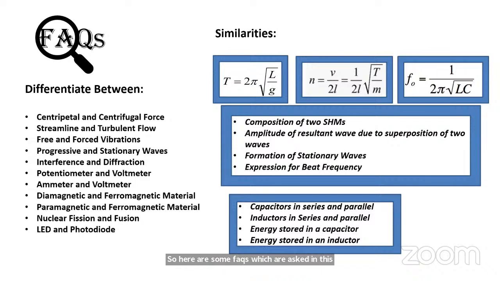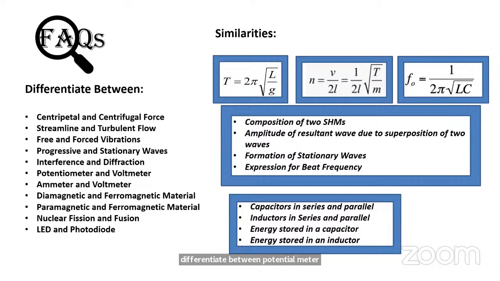Differentiate between centripetal and centrifugal force, streamline and turbulent flow, free and forced vibrations, progressive and stationary waves, interference and diffraction, potentiometer and voltmeter. Now here, let me tell you that even though I have included it under differentiate between potentiometer and voltmeter, it is not necessary that always you will be asked to differentiate between potentiometer and voltmeter.